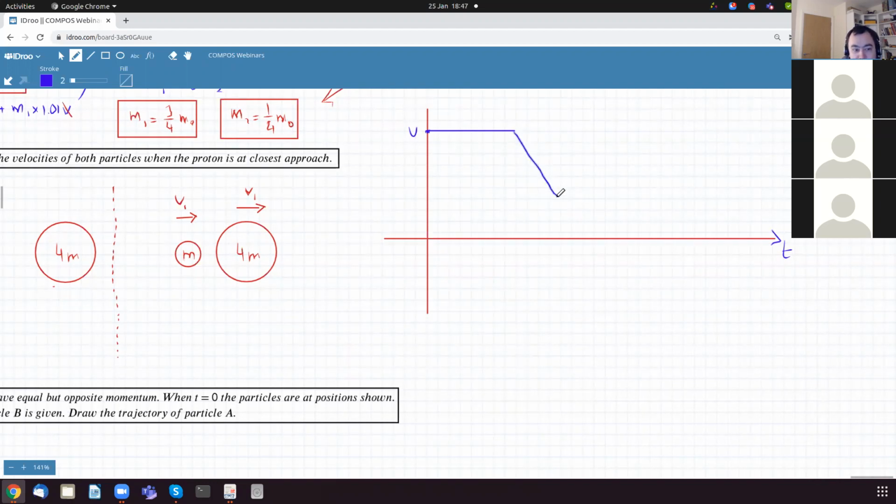Because it's 4 times lighter, it would actually go backwards. At some point, it will start traveling backwards. Now, the alpha particle was stationary. But when the proton starts to slow down, the alpha particle starts to speed up. It speeds up to a certain value and then continues traveling. So this is the alpha particle, and this is the proton.